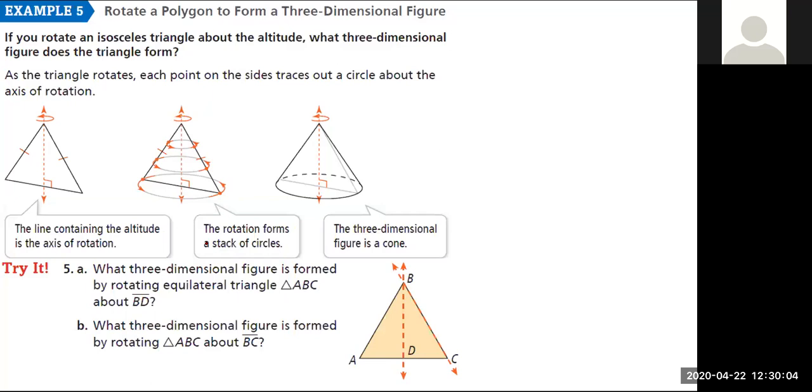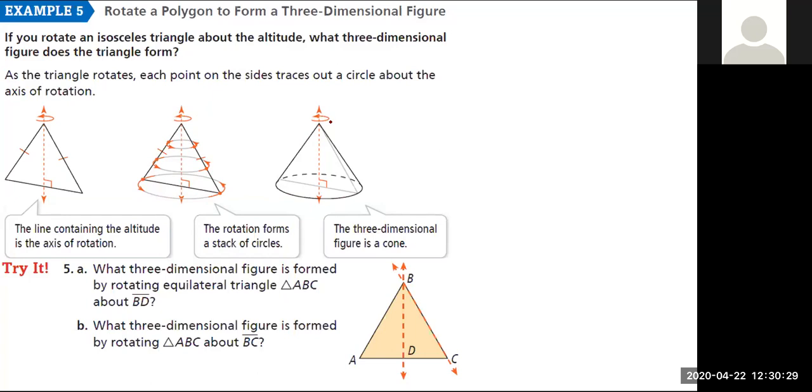So on here, if you spun a triangle around an axis, what shape would it make? So on here, they kind of give you a good representation of if you were to spin this triangle, you'd be spinning it so it'd be making some type of circular image because you're spinning it around. So it actually is a cylinder.